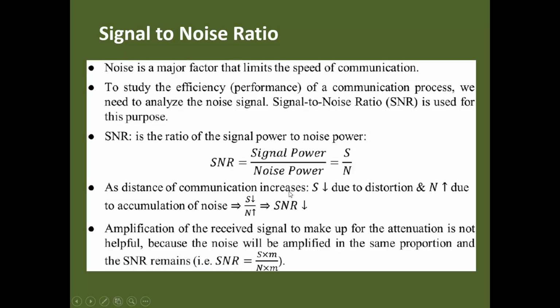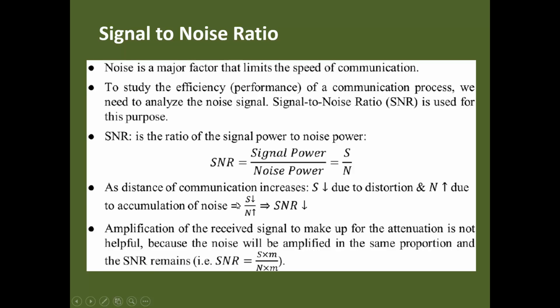As distance of communication increases, the signal power decreases due to distortion and noise, right? If you look at the ratio of SNR, it is the ratio of the signal power to the noise power. Now the signal power decreases due to distortion, and noise power increases due to accumulation of noise.